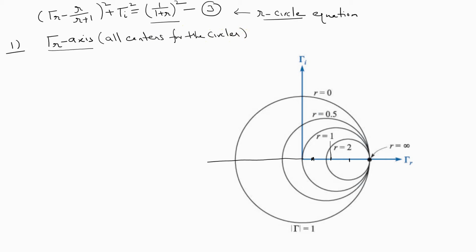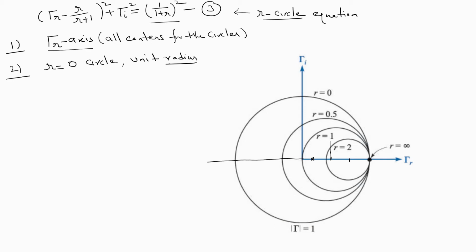The second property is for r equal to 0. The r equal to 0 circle will have unit radius, so for that gamma is equal to 1, and it is centered at the origin, and you can say it is the largest circle.